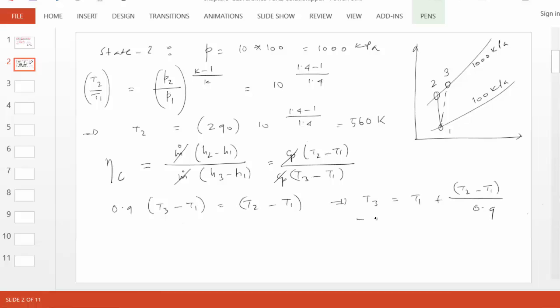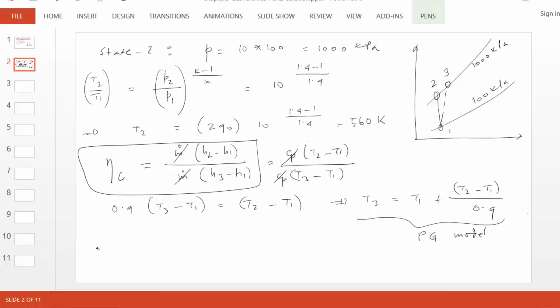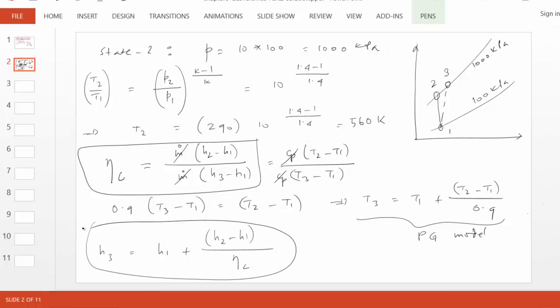Notice that this equation is valid only for the PG model, whereas until this point we did not use any model, so this will be valid for the IG model also. So this will give us H3 equals H1 plus (H2 minus H1) divided by eta C. This is a stronger relationship between 3, 1 and 2, because this will work for any model, whether it's the PG model or IG model or even PC model in the future.